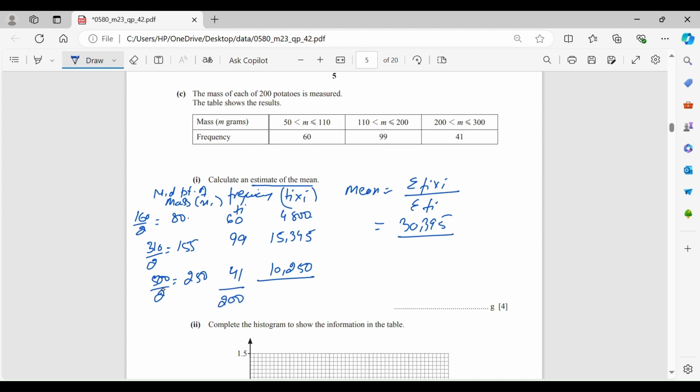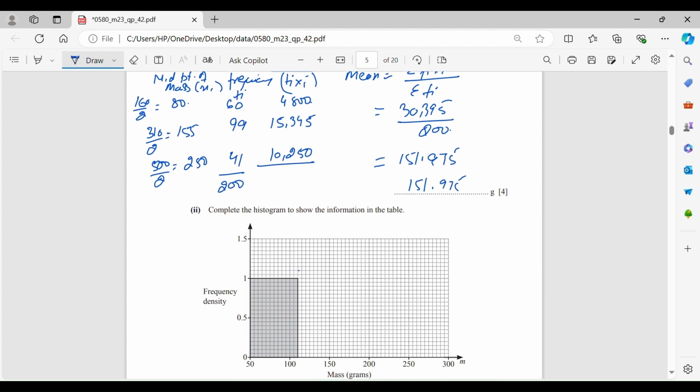So this over 200 will be equal to 151.975, right? So our answer is 151.975. Next part, complete the histogram to show the information in the table.